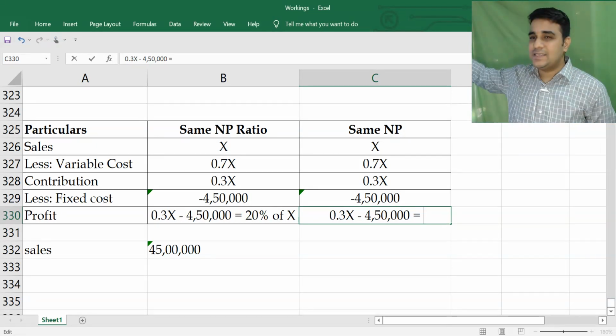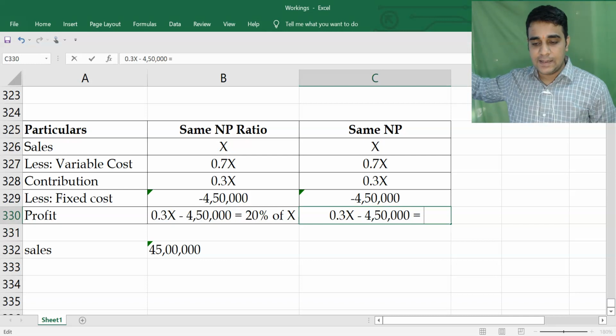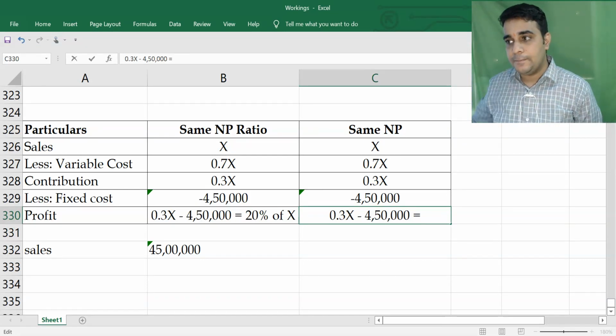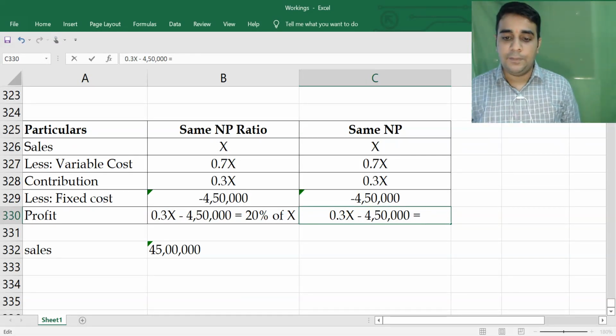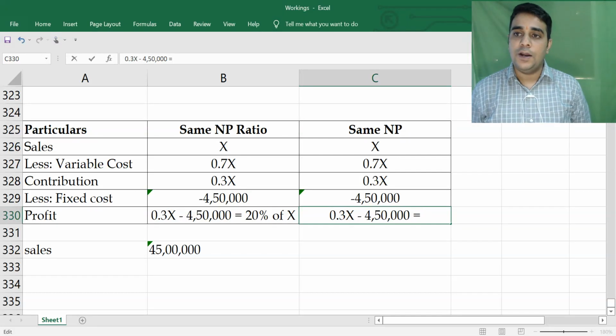It will be exactly the same: sales will be x, variable cost will be 0.7x, contribution will be 0.3x, fixed cost will be 4,50,000, so 0.3x minus 4,50,000.